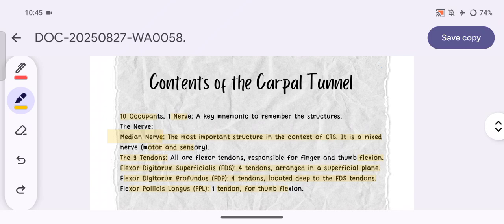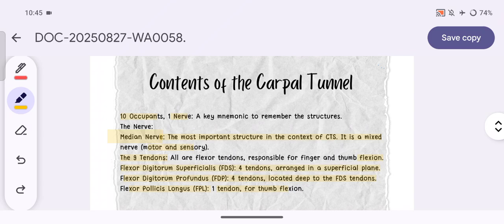So there are 10 occupants: 1 nerve, the median nerve, the most important structure in the context of carpal tunnel syndrome, a mixed nerve which can function as both motor and sensory, and 9 tendons. All the flexor tendons are responsible for finger and thumb flexion.